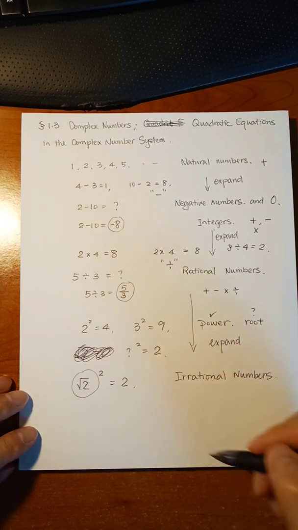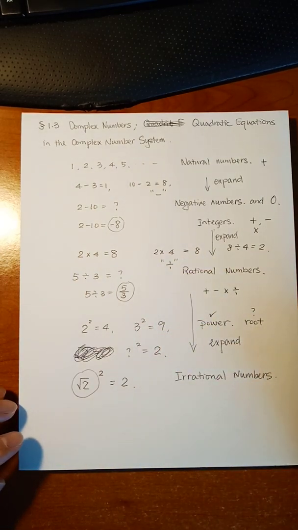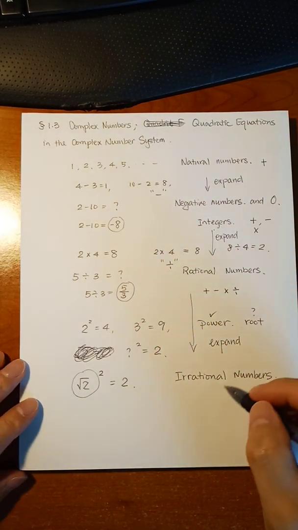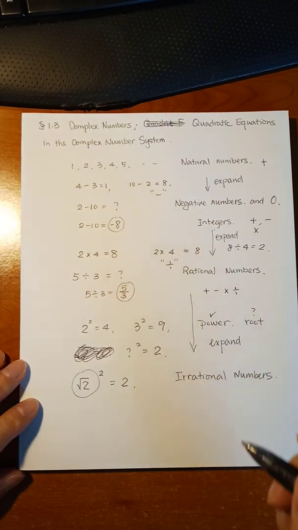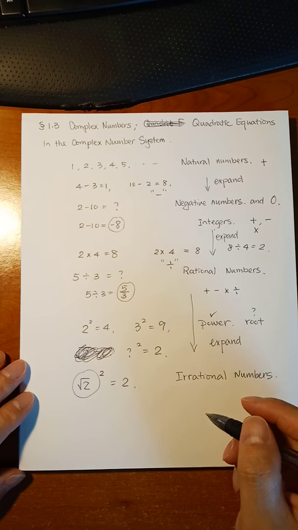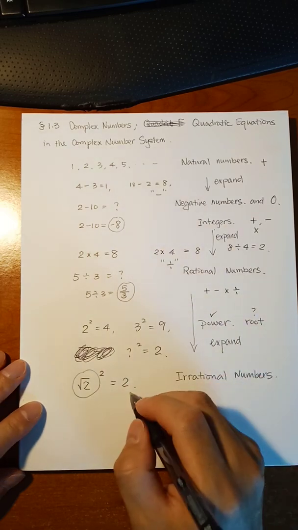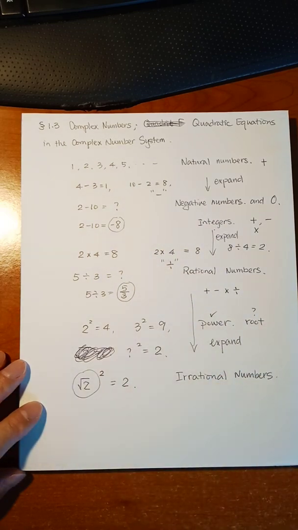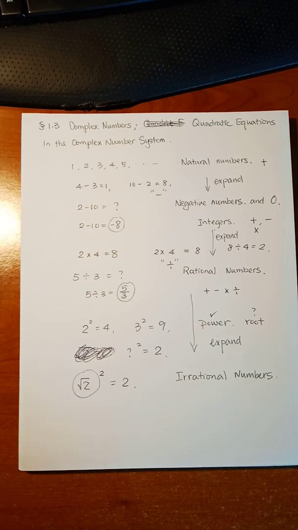And with this one, we can take the square root of all positive numbers. So we partially finish the job. Okay?